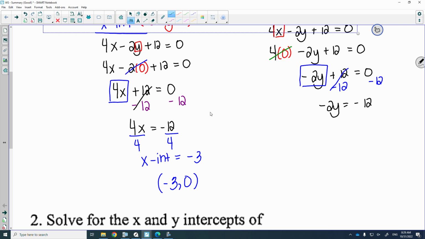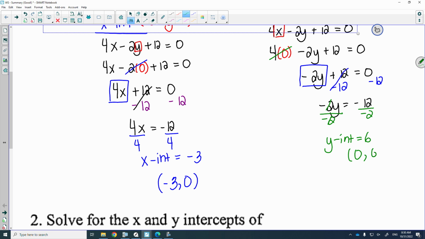Divide by -2. Some students here say they want to add 2, but remember, when they're right next to each other, this represents multiplication. It's -2 times y. So the opposite of times is you divide, and you divide by whatever the number in front of the y is, which would be -2. So the y-intercept is equal to 6.